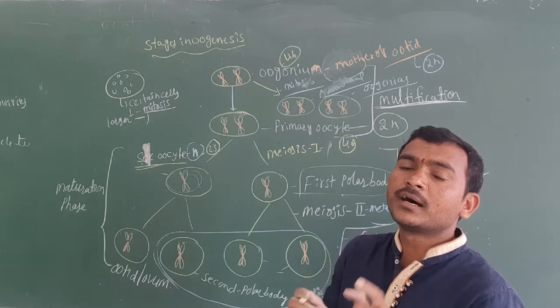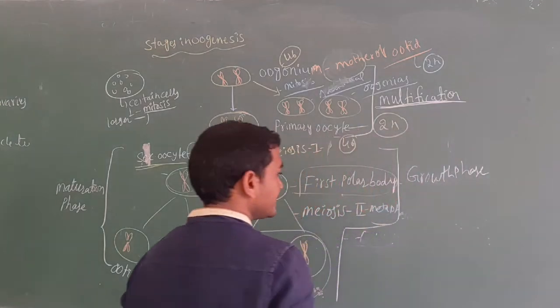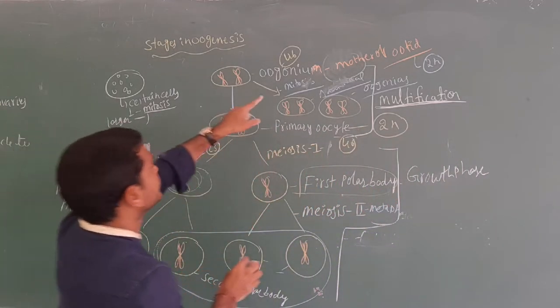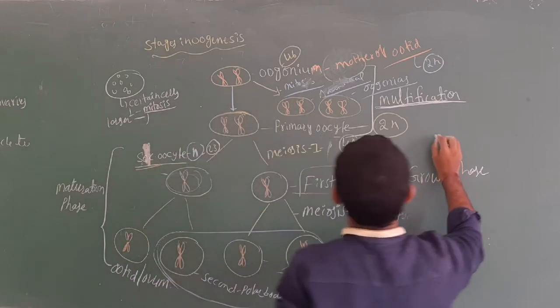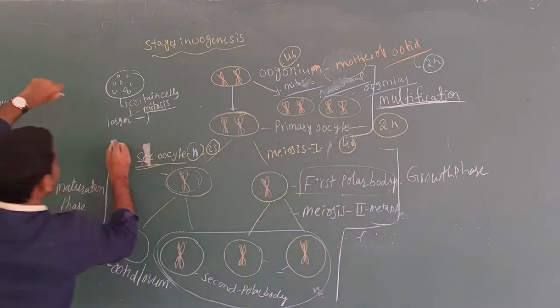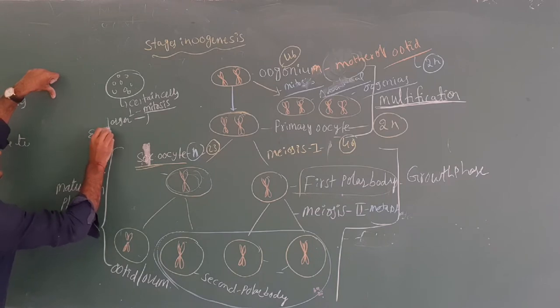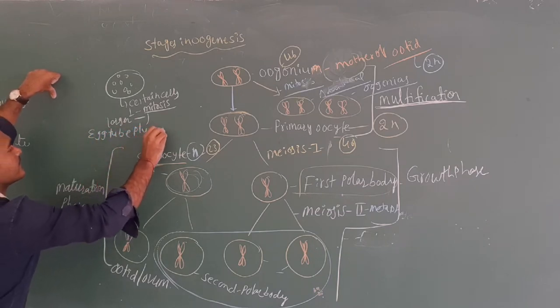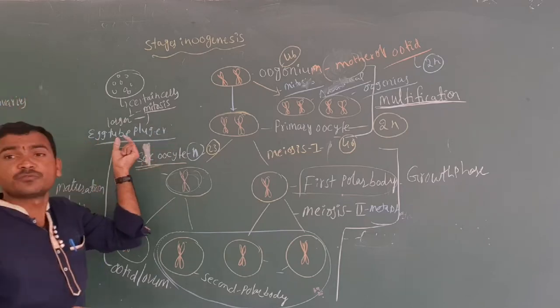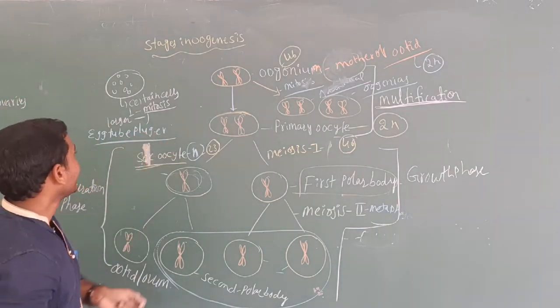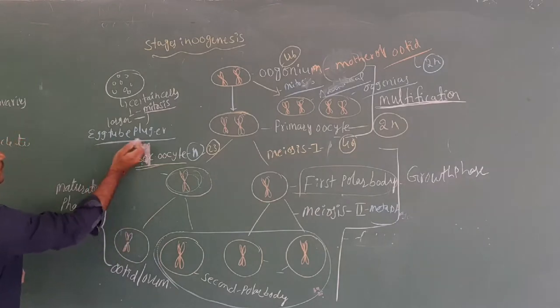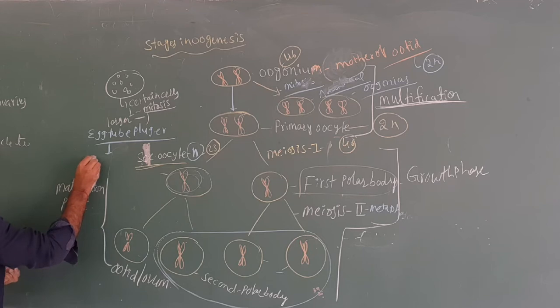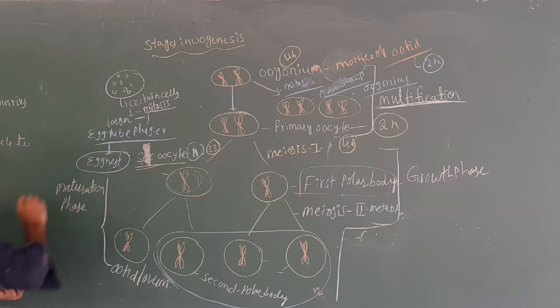The oogonium is developed into an egg tube, and from the egg tube it is formed into an egg nest.